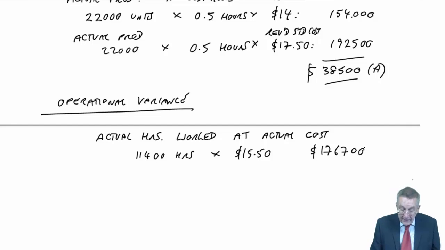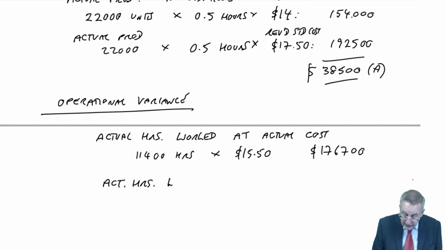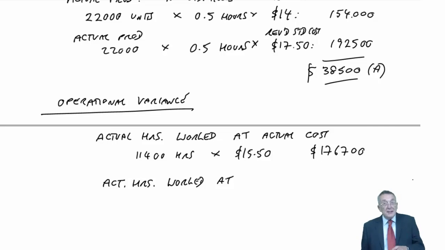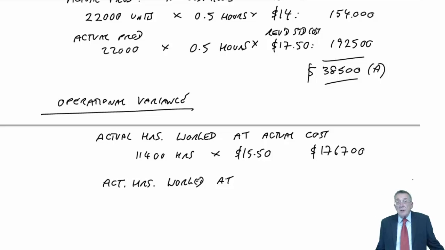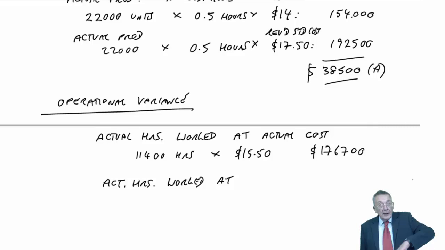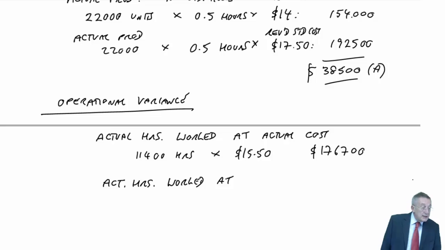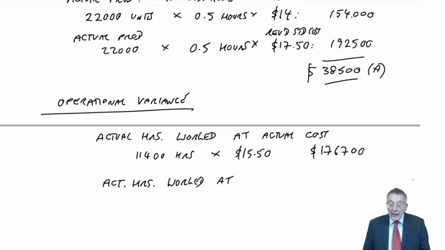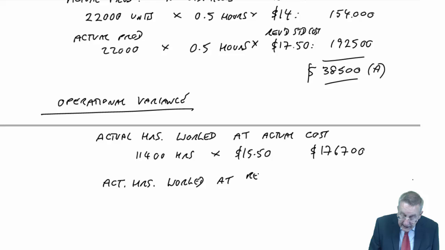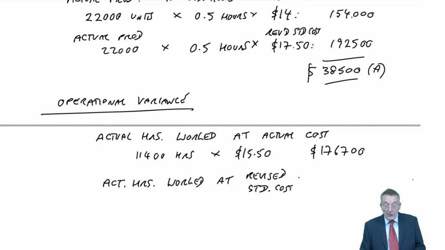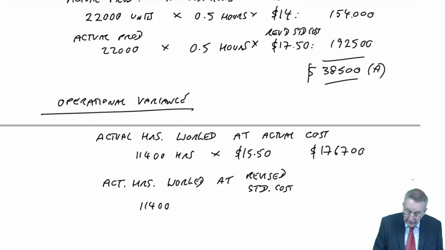And what did we do? We compared it with actual hours at standard cost. But the one difference, and if you've understood me at all, I think very easy to remember, is that having revised the standard cost and saying a better standard is that 17.50, it's actual hours worked at revised standard cost. So 11,400 worked.